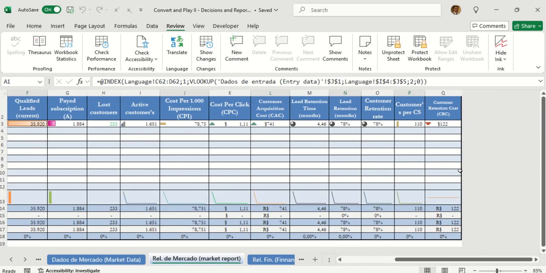Finally, we have here the metrics related to how many customers are taken care of by each member of your staff, so each of your customer staff's employees. So we have here 110, it's not a good number. And the last indicator here, we have the customer retention cost. So the cost to retain each customer was $122 this round.